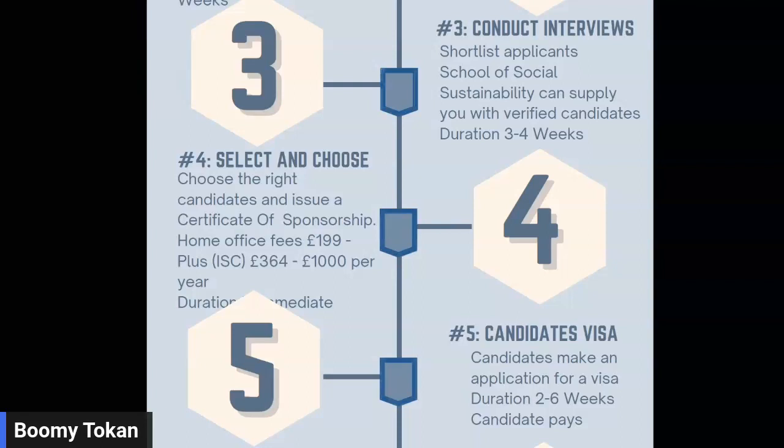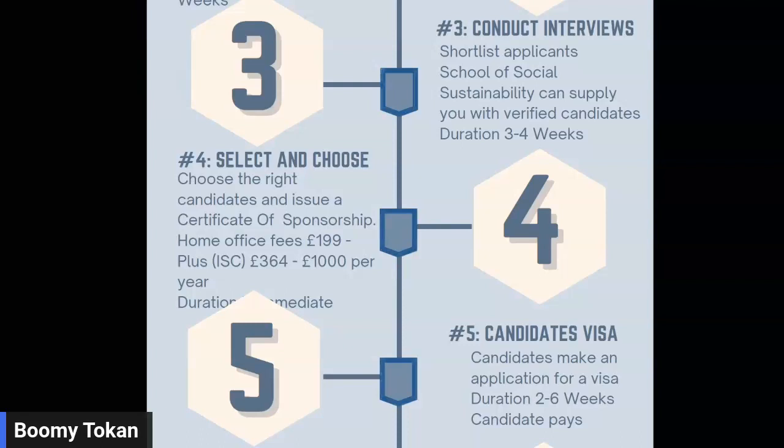If you're a small school, you would pay £364 a year for the number of years you are going to employ the candidate. So if you're issuing them with a certificate of sponsorship for 3 years, then it will be 364 times 3 years. If you're extending it for 5 years, then it will be 364 times 5 years.